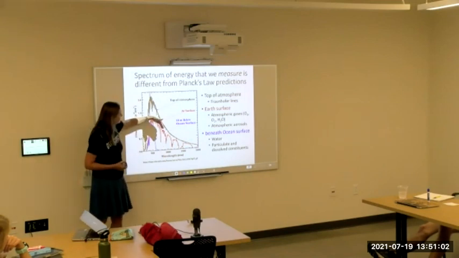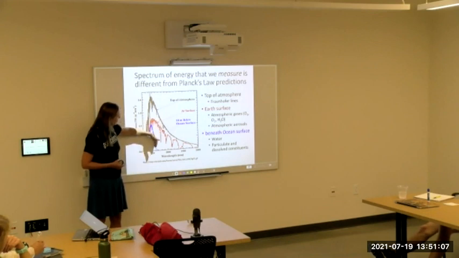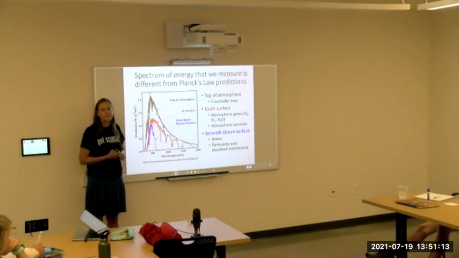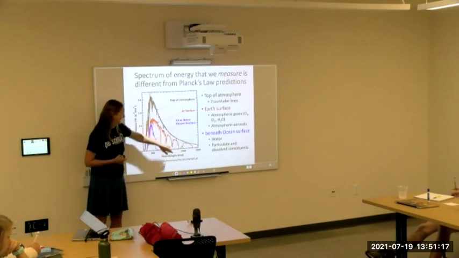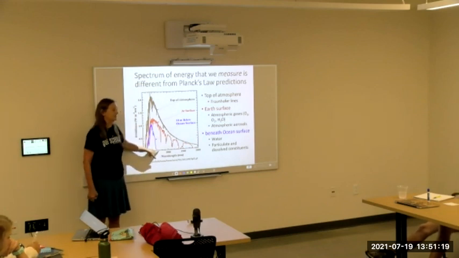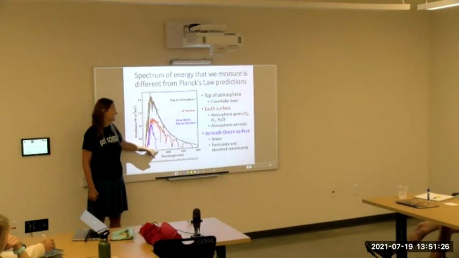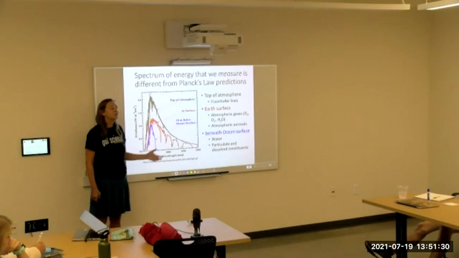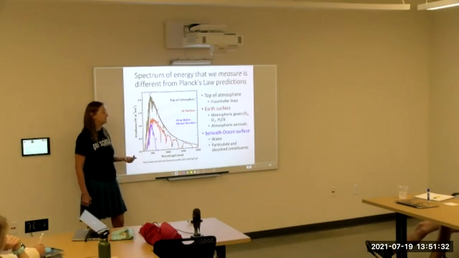And then the difference between the sun at the surface and 10 meters below the ocean surface. What's the biggest difference that we see here? There is no light after 700 nanometers. It's gone because of water. So water just gets rid of all of this, which turns out to be tremendously helpful.